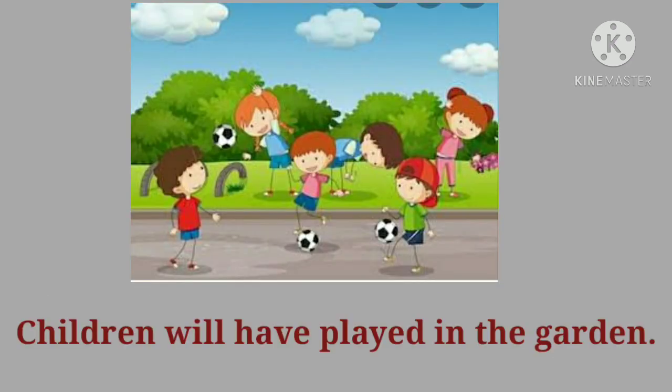Your second example, children will have played in the garden. Here children is our subject, will we add in all the future, have, and then verb 3, played, in the garden. So our sentence formed is, children will have played in the garden.